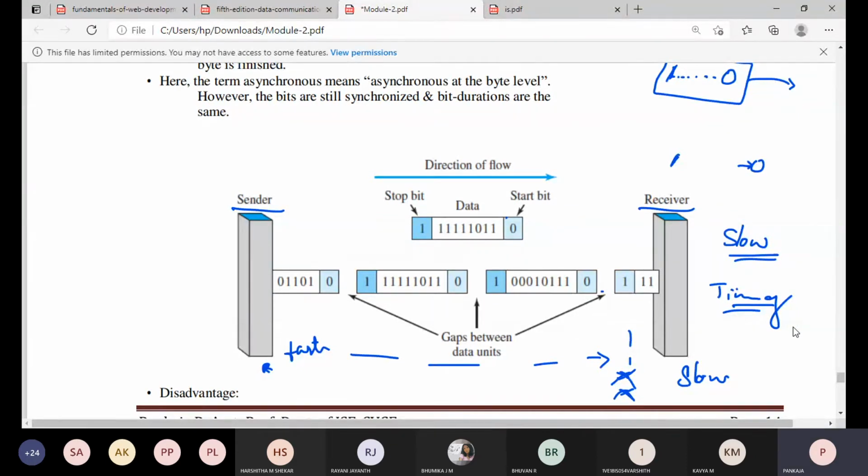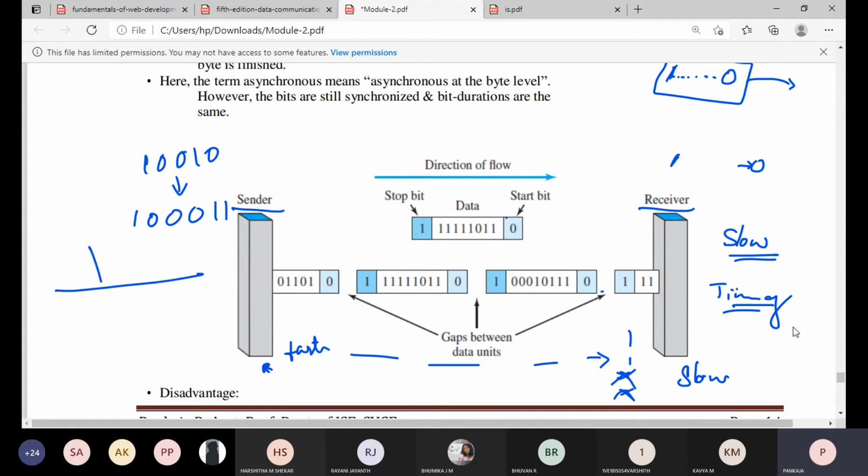Maybe you recall when we discussed line coding, synchronization is one of the characteristics. If there is no synchronization, we have discussed what problem occurs if I am sending 010 and the receiver's clock is at a faster rate. In such cases the data may be received as something different.